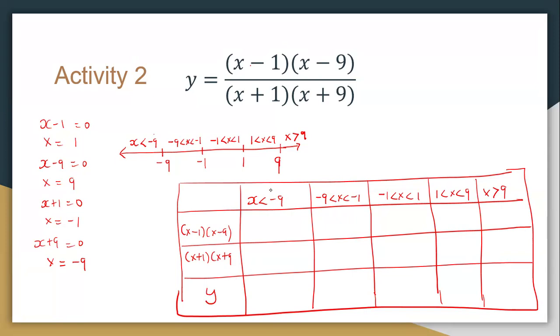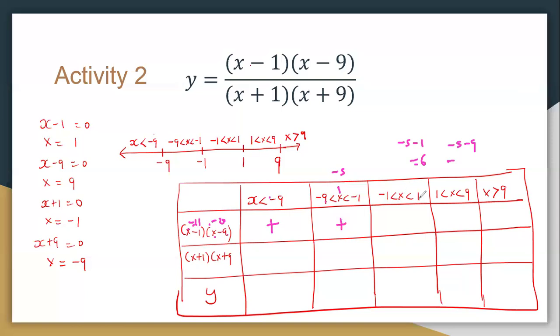Then choose a value that is less than negative 9, say negative 10. Put it here. Negative 10 minus 1 is negative 11. Negative 10 minus 9 is also negative 19. Then negative times negative, I get a positive. So that means here we shall have a positive. Then between negative 9 and negative 1, any value in between, say negative 5. Put it here. So you'll have negative 5 minus 1, which is negative 6. Negative 5 minus 9, the answer is negative. Negative times negative, you get a positive.